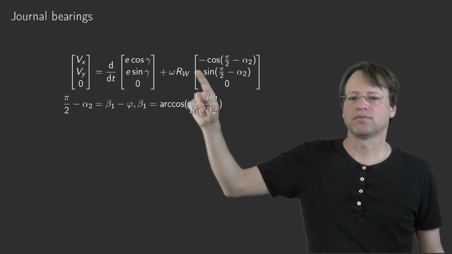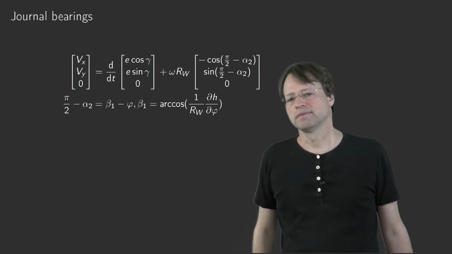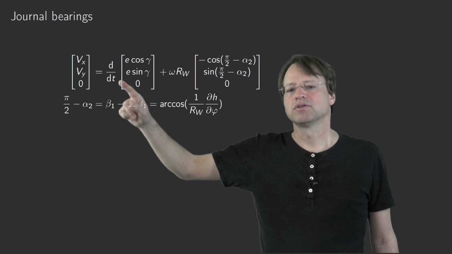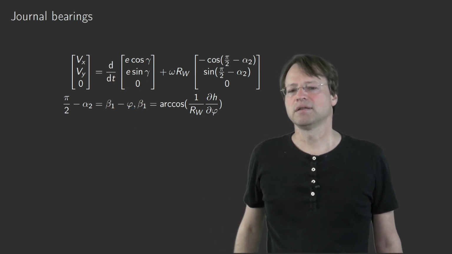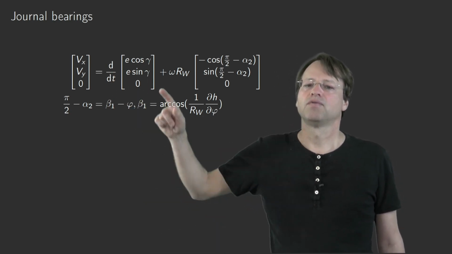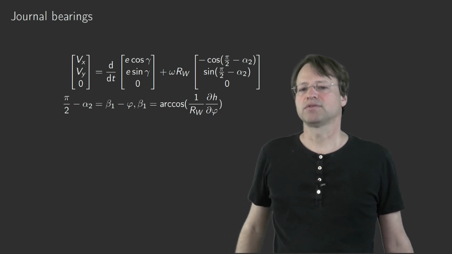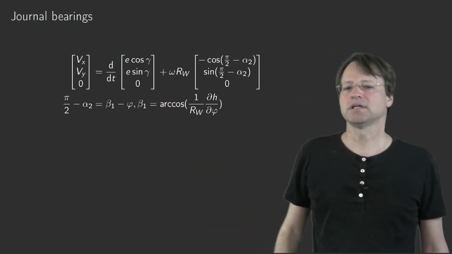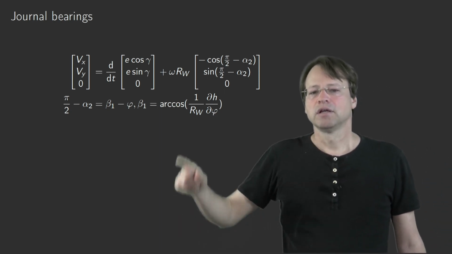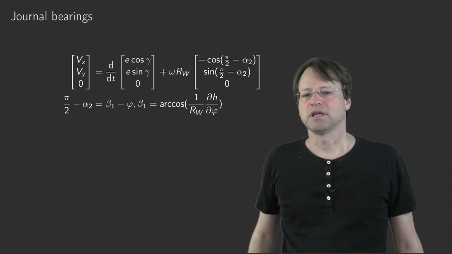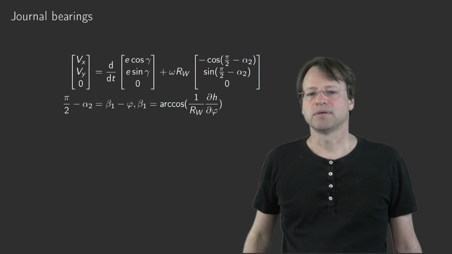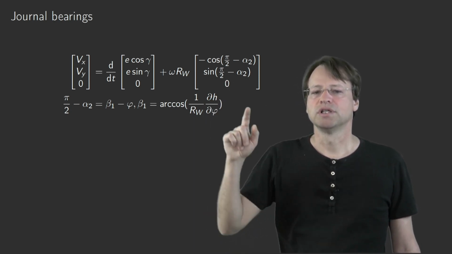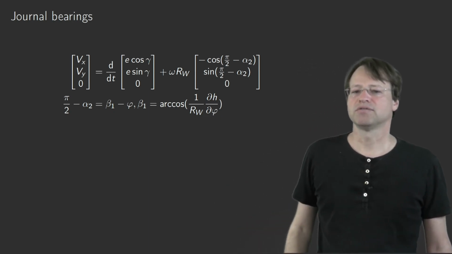The first one was from the slide before the last slide. So we have a Vx and V sub y, the Cartesian coordinates. For the center point, we have to take the derivative with respect to time of E cosine gamma and E sine gamma. And from the vector product, we obtain omega R sub W minus cosine pi divided by 2 minus alpha 2, sine pi divided by 2 minus alpha 2.